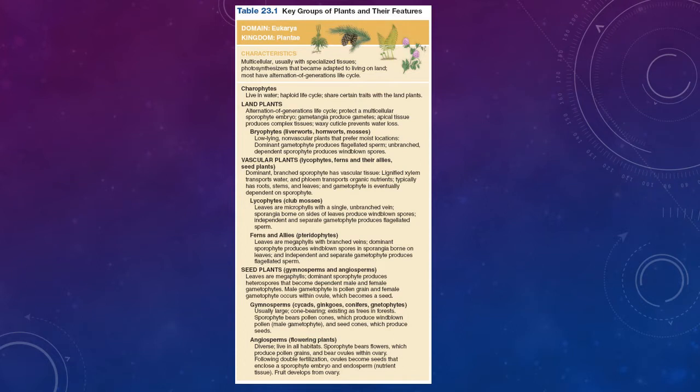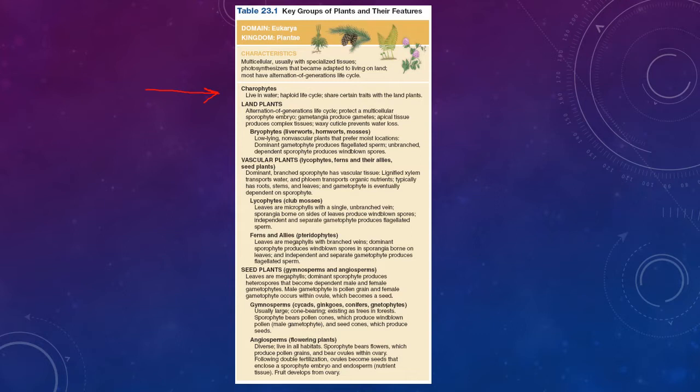So here is a look at what we're going to be looking at as far as plants go. And so originally here we have the charophytes that we talked about. They were at one point in time put in Kingdom Plantae. However, they don't have what we call vascular tissue, and they don't have that protection of the embryo like we talked about, and the no nourishment of the embryo.